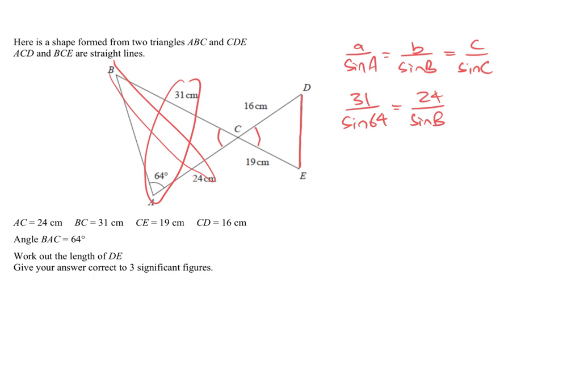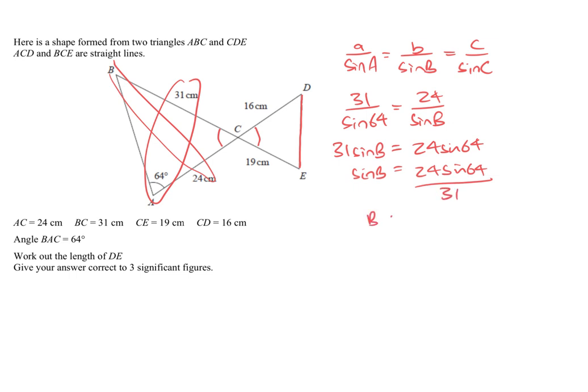So what we've written here is one equation where there is one unknown, B, and we can rearrange this and solve this. So if we multiply both sides by sine B, we get 31 sine B. If at the same time we multiply both sides by sine 64, we get 24 sine 64. We want to isolate sine B, so we're going to divide both sides by 31, so 24 sine 64 over 31.